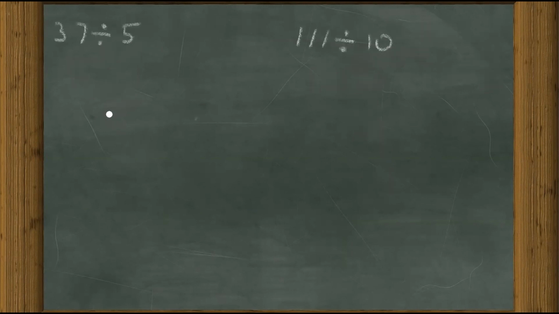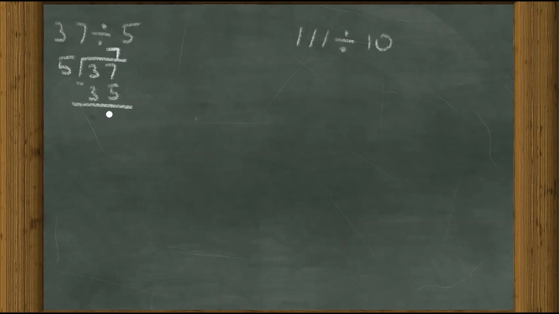Let's look at 37 divided by 5. 5 out front, 37 inside. 5 does not fit into 3, so I'm going to skip this. I'm not going to bother with writing the 0 here. Instead, I'm going to look at the whole number, 37. I know that 5 can fit into 37 a total of 7 times. 7 times 5 is 35.